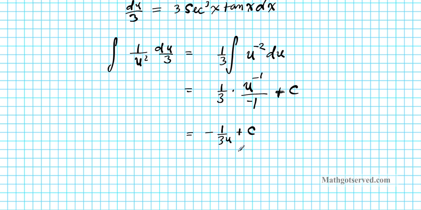Okay, so remember what our u was before. U is 1 plus secant to the third x. So we're going to put it back in here. So it's going to be negative 1 over 3 times 1 plus secant to the third x, close that, plus c. Okay, and there goes your integral right there.